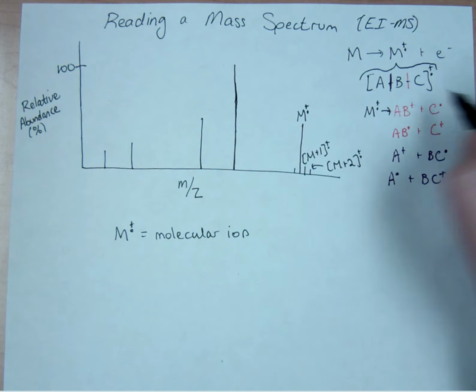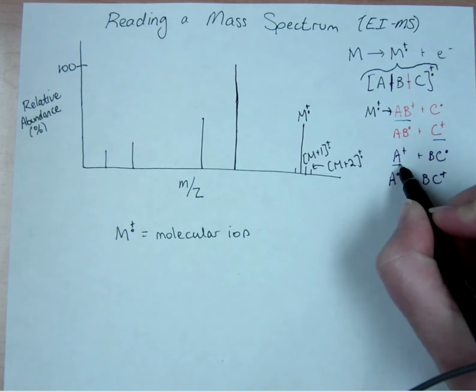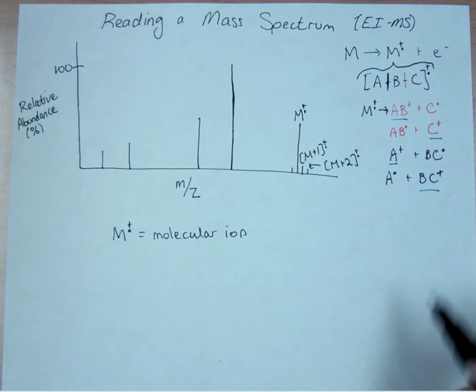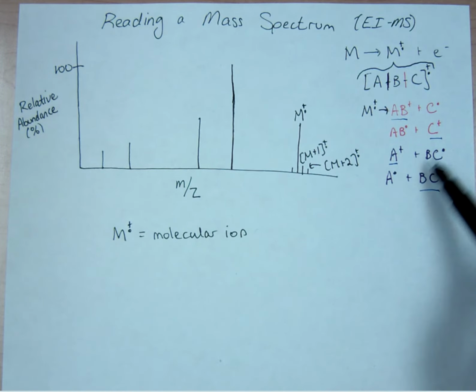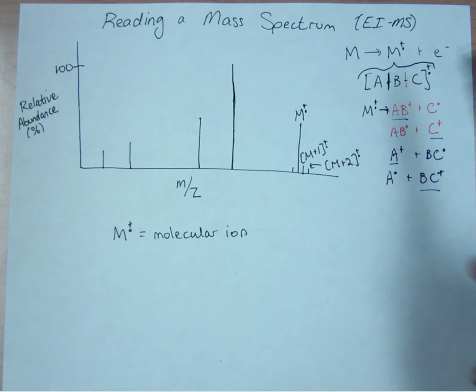We might see an AB, a C plus, an A plus, and a BC. And all of these fragments are going to tell us something about the likelihood of these different fragmentation patterns in their abundance, as well as telling us something about the overall structure and arrangement.